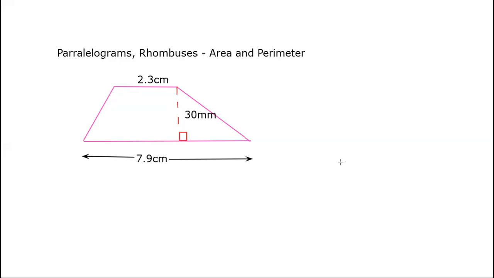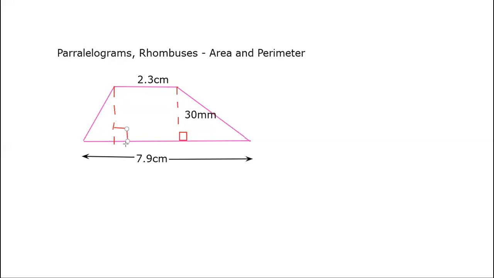So if we're going to find the perimeter, we're going to need to add up all four sides. We're going to have to utilize Pythagorean theorem and what we've learned so far with the hypotenuse and side length to figure out those missing two sides.